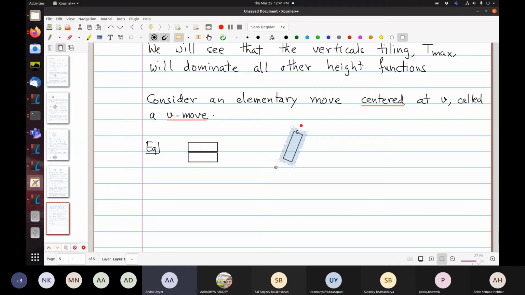I can rotate it. Okay, it doesn't look nice. It's the perspective thing.